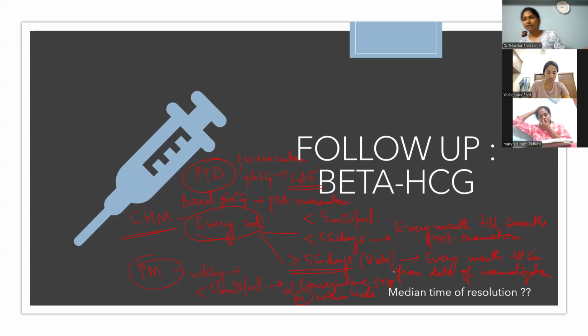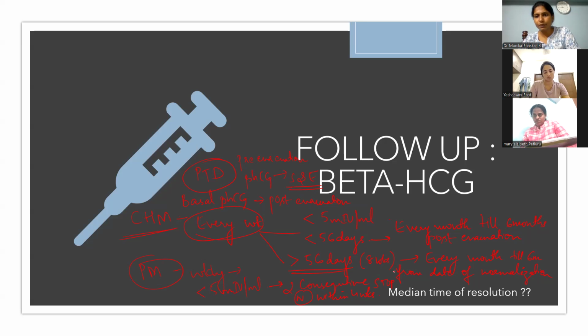So what is the median time of resolution? In a complete molar pregnancy, the beta HCG comes back to normal by around 7 weeks. But in a partial mole, it comes back to normal by around 9 weeks. So if by the ninth week it has come back to normal, after 1 month you repeat, and if it is normal, you need not do any further follow-up.